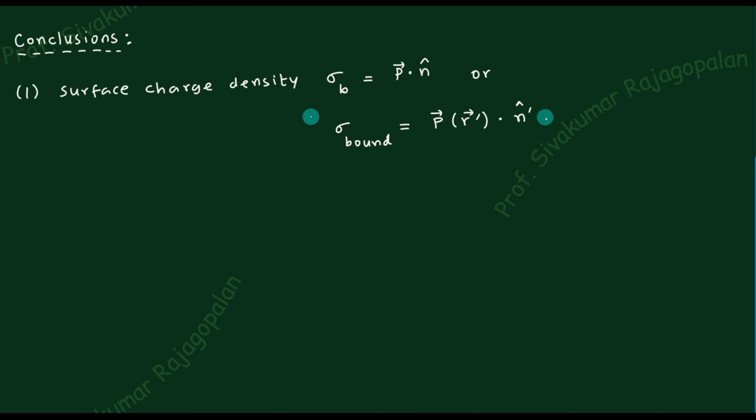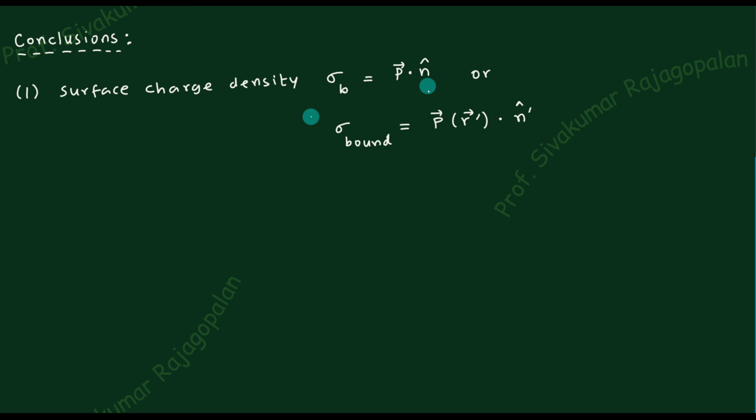So this is the correct way to write it. But note that the prime is not important when you are only evaluating a dot product. We are not performing a calculation with two variables, namely primed and unprimed. If you do calculations with both primed and unprimed, then the distinction has to be made carefully.